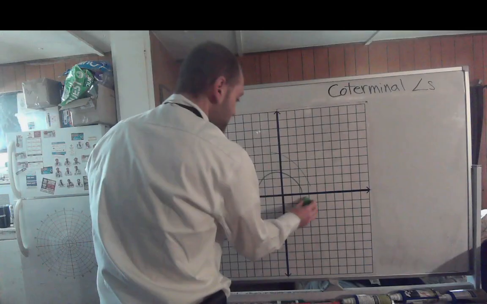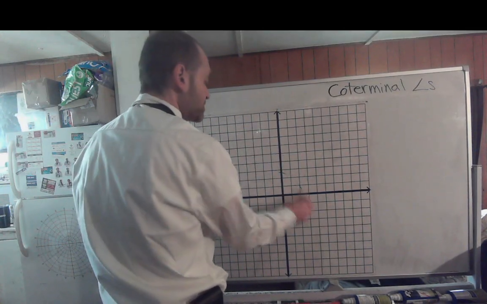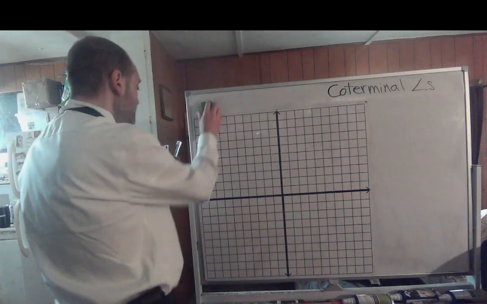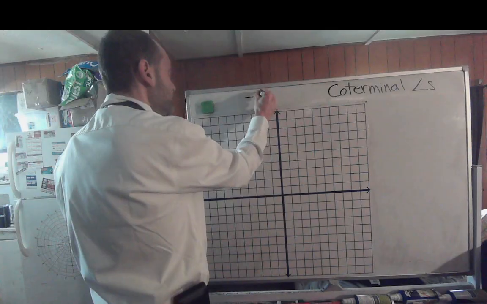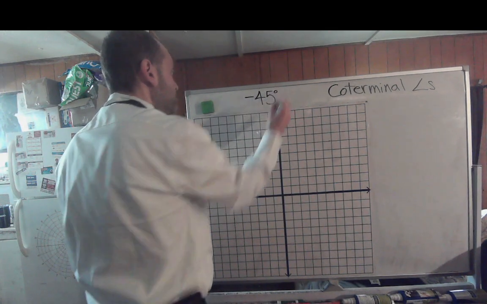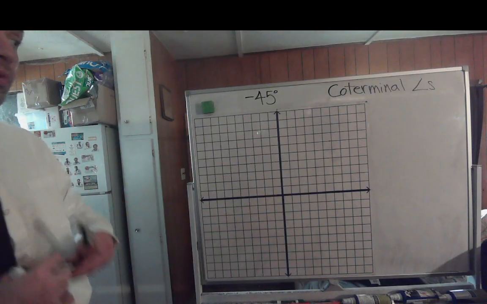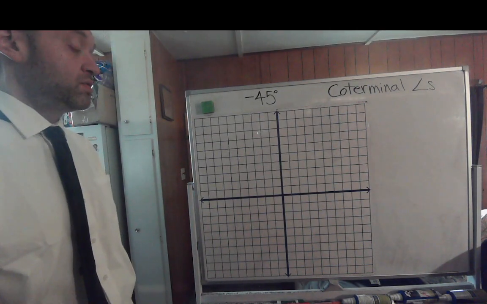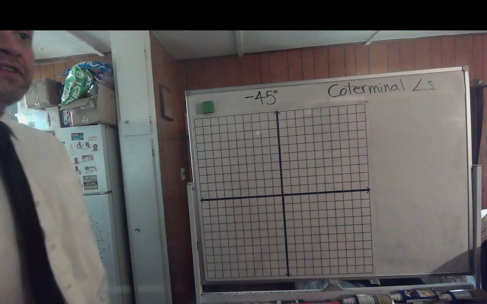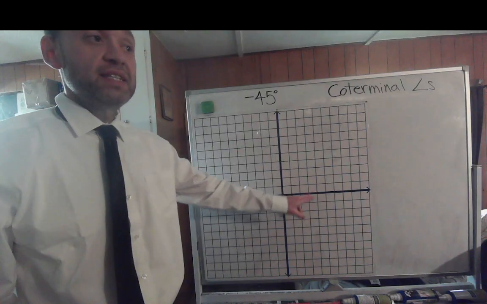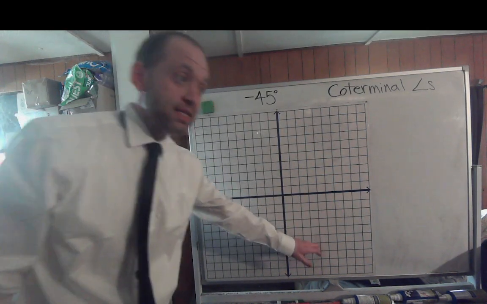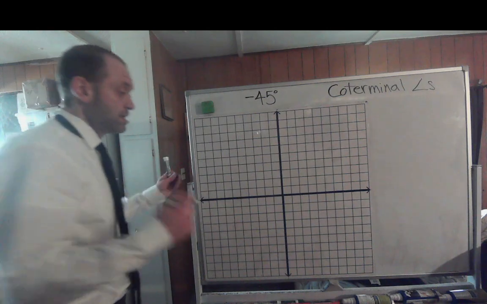Now this is the business of angles can be negative. Let's do a negative angle. Let's go negative 45 degrees. So what are we going to do with a negative angle? Well, a negative angle means you're going to start at the starting position, but since it's negative, you go clockwise instead of counterclockwise.